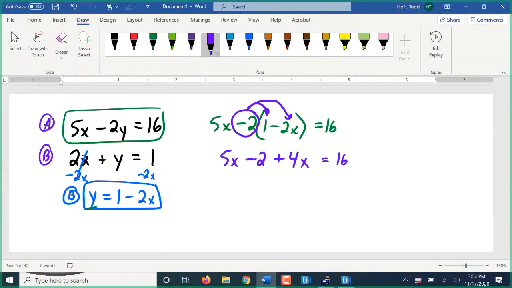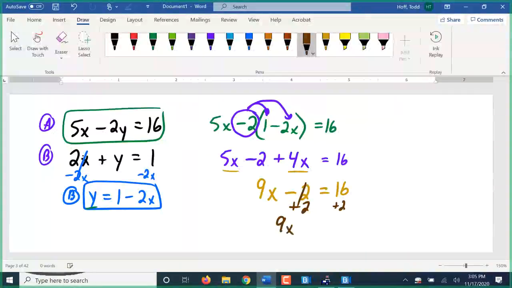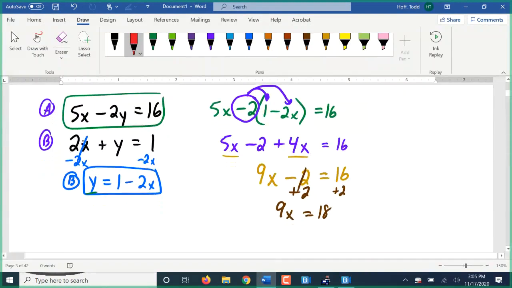Well, still combining on that left side, we have 5x and 4x is 9x. We have the minus 2 equals 16. And we have to solve this now. We're going to add 2. 9x equals 18. And divide by 9.